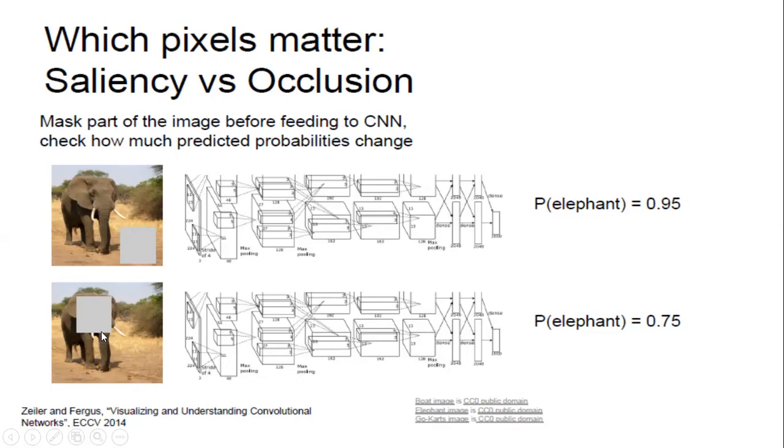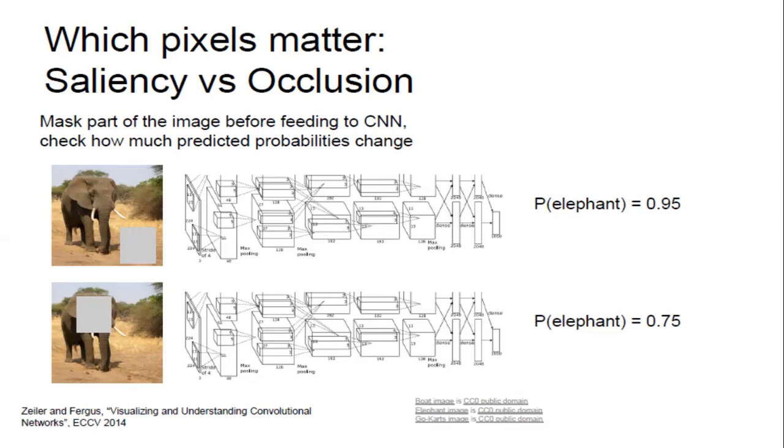So if I keep changing the location of these occluded patches, what I notice will be the effect of that region on classification. The drop indicates the importance of that region.